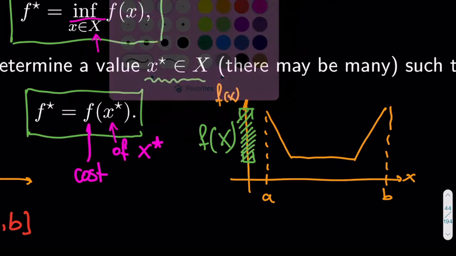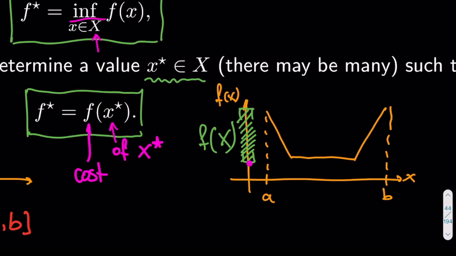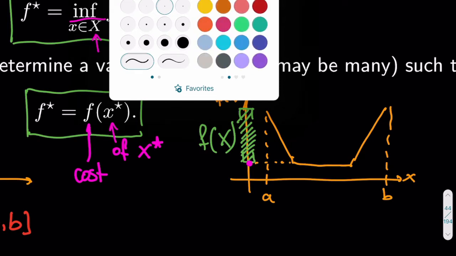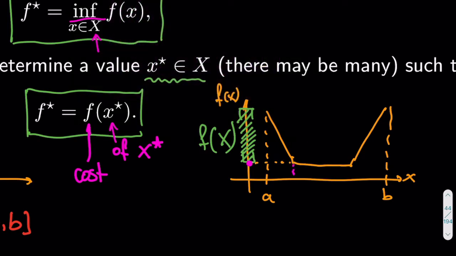What is the smallest value? This one here. And this corresponds, sorry, I did a bad sketch, I'll fix it. This corresponds not just to one value, but to many values. If you choose this x star, that works. This x star is fine. It corresponds to the minimum value.